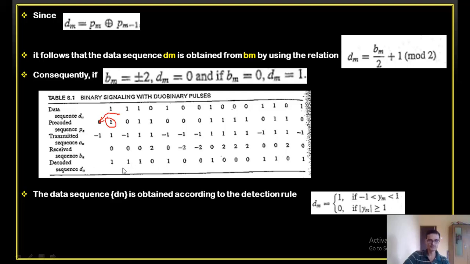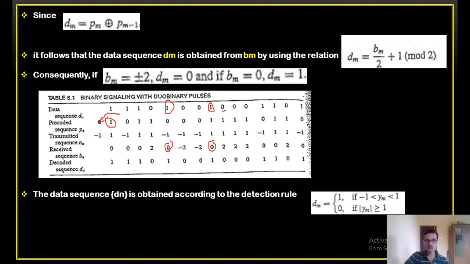What we have to do? In this case, just look at the unique feature of this particular method, where this BM is actually equal to 0 for the binary data 1. For binary data 1 here, I have 0 voltage level. For binary data 1 again, I have 0 voltage level.